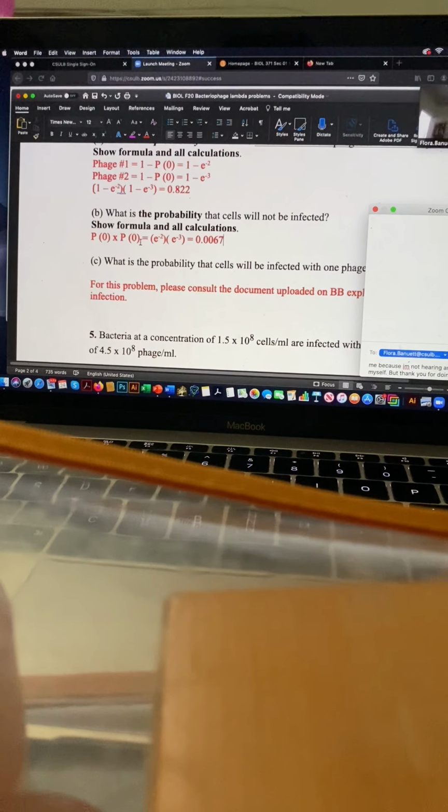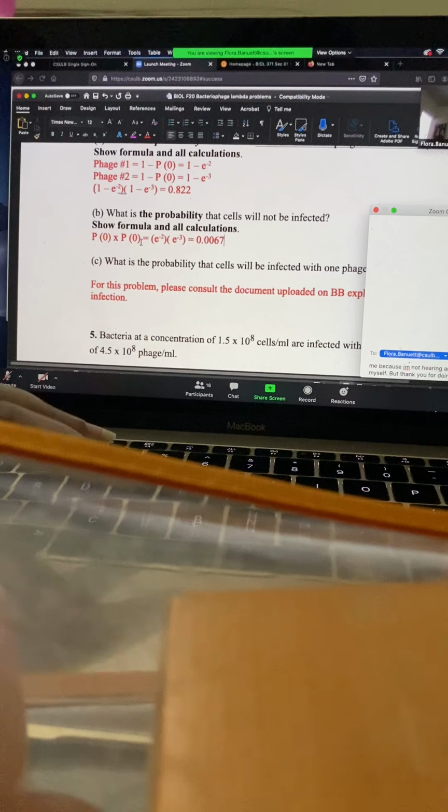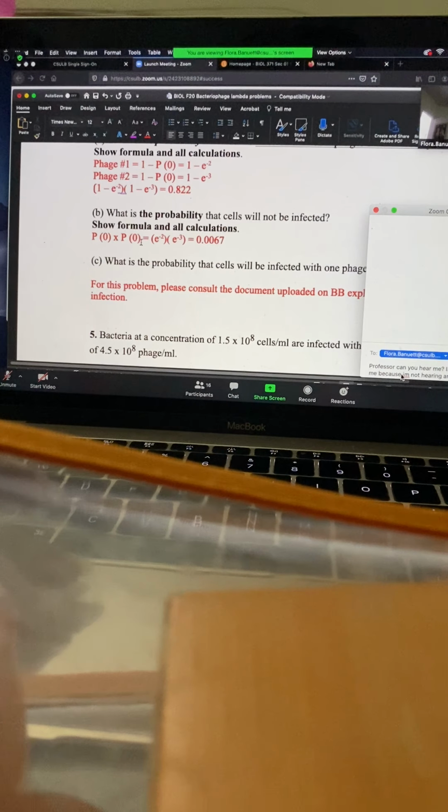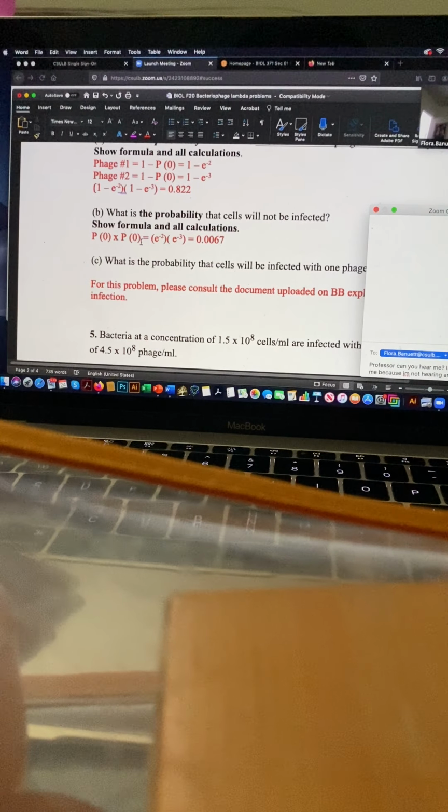Okay. So that is the probability that the cells will not be infected by either phage. So it is 0.67%. So 0.6% of the cells will not be infected, which is very low. Most of the cells will be infected.